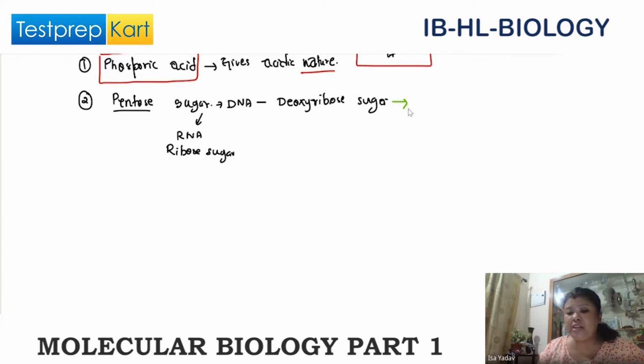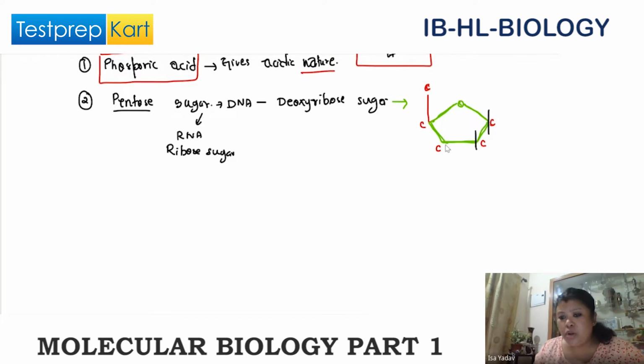The deoxyribose, now see here. This is a ring structure. Every corner of the ring is for a carbon atom. This is one, this is one, this is one. And we have a carbon atom which is also outside the ring. Now let us arrange this.